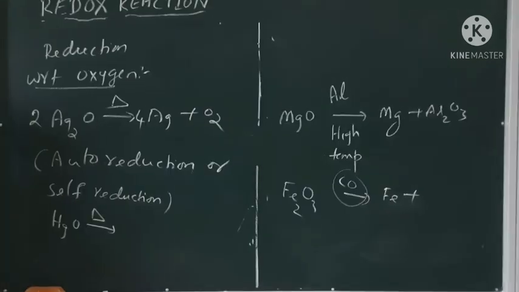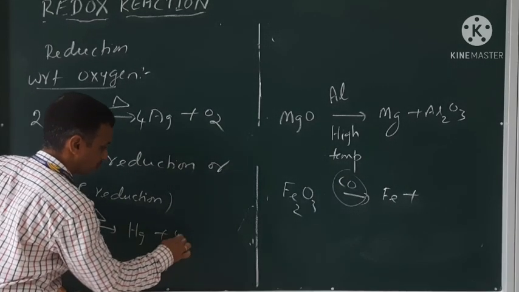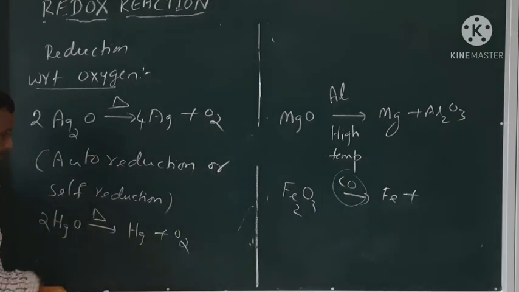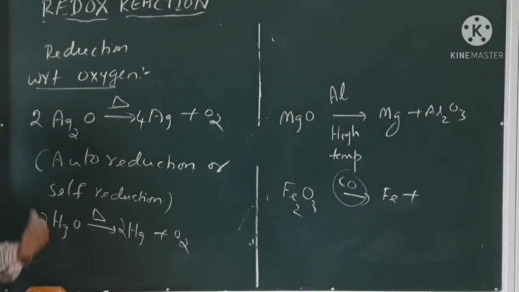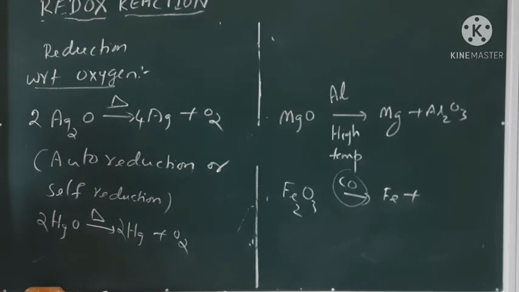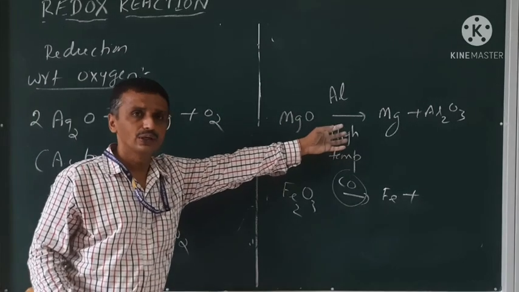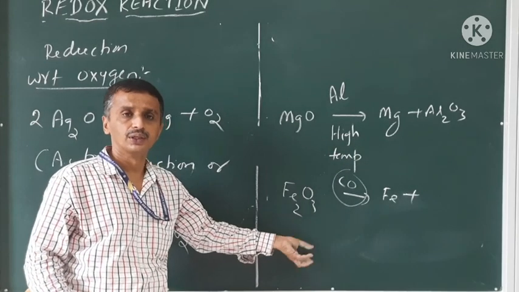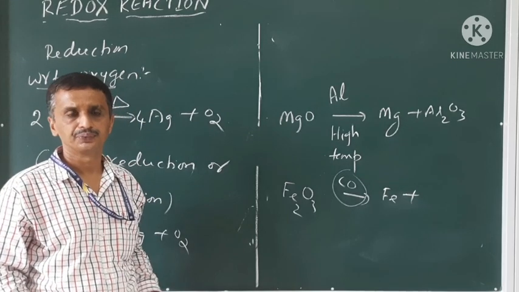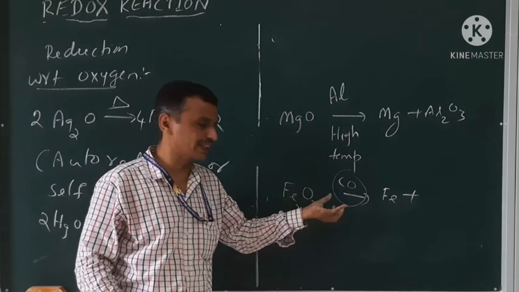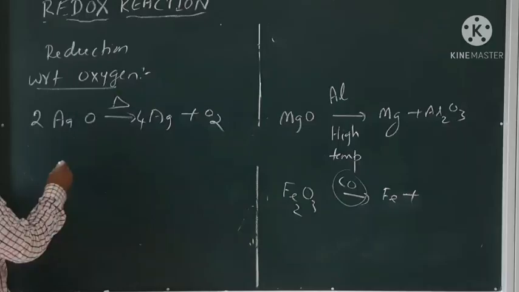That's why it is called auto reduction. I am going to get Hg plus O2. So these are examples for auto reduction, which can come in competitive exams. Whereas the others will not undergo auto reduction, they need some reducing agent, so we go for a smelting process, etc.